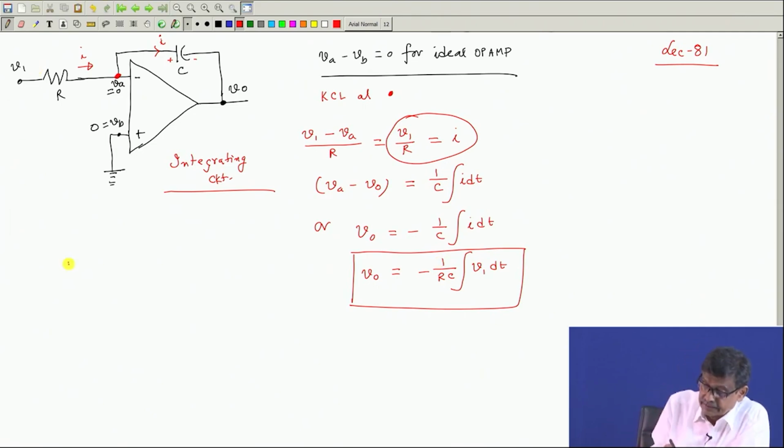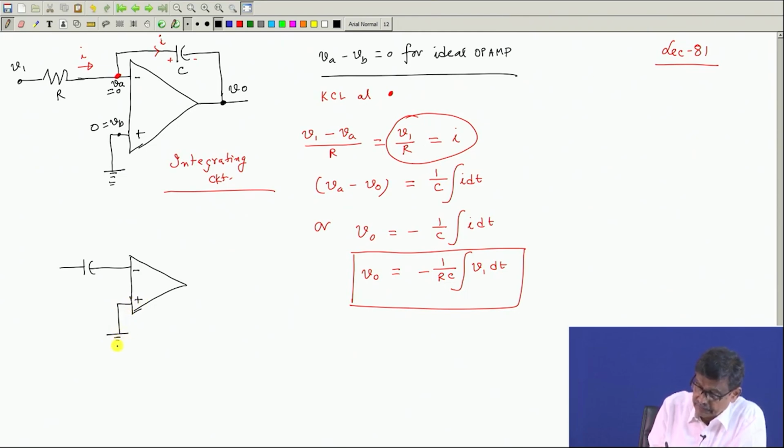Similarly, you see another circuit just similar to this. Suppose somebody connects a capacitor here, minus plus, this point is grounded, and he connects a resistance there, that is, he reverses these two elements.